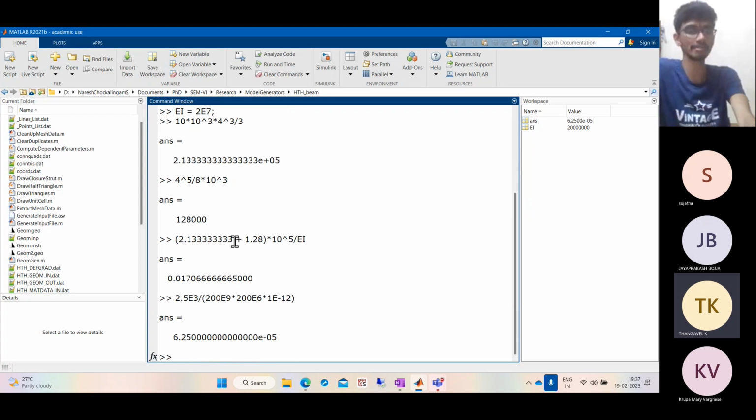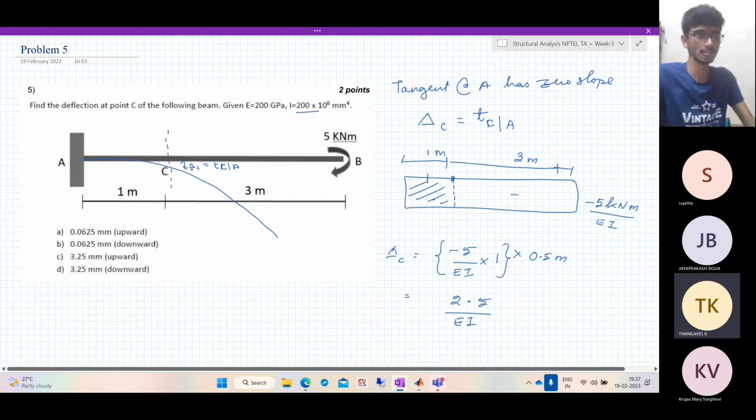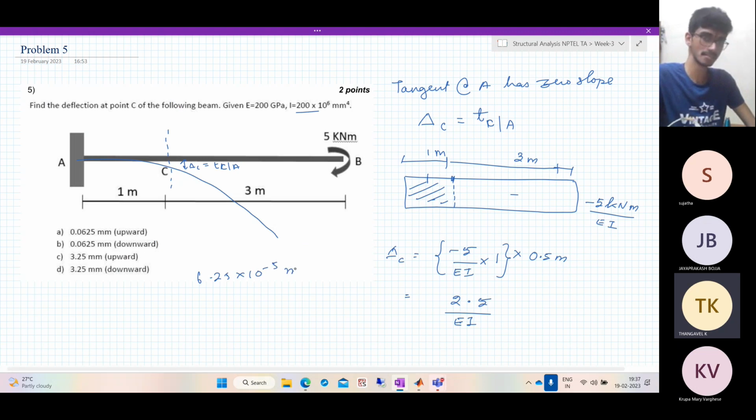So it is 6.25 into 10 power minus 5 meters, which is 0.0625 mm. And we have a minus sign here. So minus sign means it's downwards. So let's proceed to the next question.